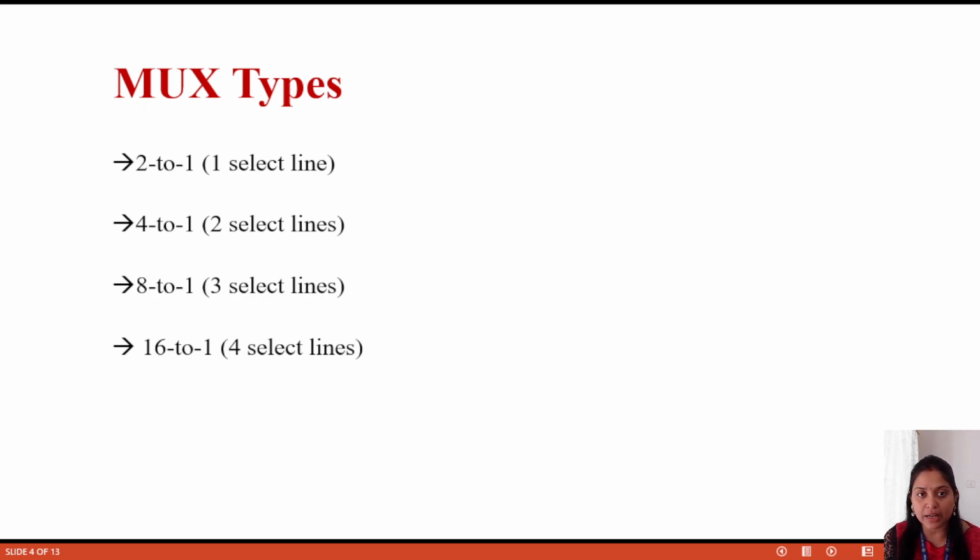With two control lines, 2 to the power 2, that means 4 input lines but output will be 1. Then 3 select lines or control lines: 2 to the power 3, 8 inputs, 1 output. 4 control lines means 2 to the power 4, 16 input lines and 1 output line. You can see in all these cases the output is 1.